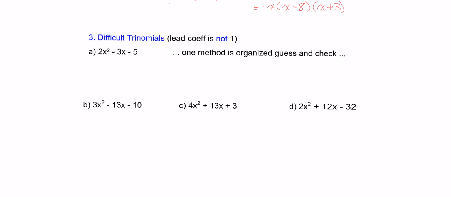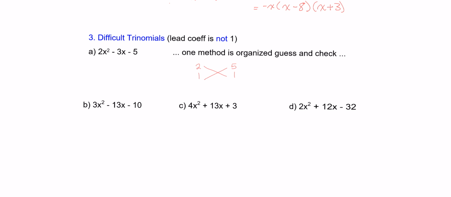Because these two numbers are prime, I know that I have 2 and 1 and 5 and 1. And the key idea is we try to find some form of multiplication. So I know that 2 times 1 gives 2, which is what we want for the 2x squared. But then we also have 5 times 1, which gives us that. So that works for the end.